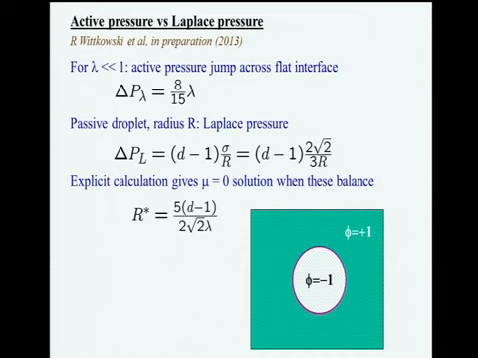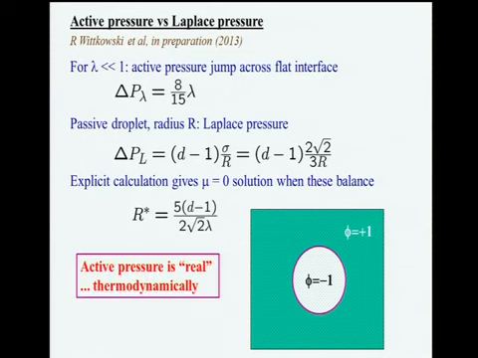And explicitly, yes, if you balance those two, you can have a stationary solution which directly connects the -1 minimum of the free energy to the +1 at exactly the radius at which those two terms cancel each other. So there is, at least in a thermodynamic sense, a reason to call this a pressure.